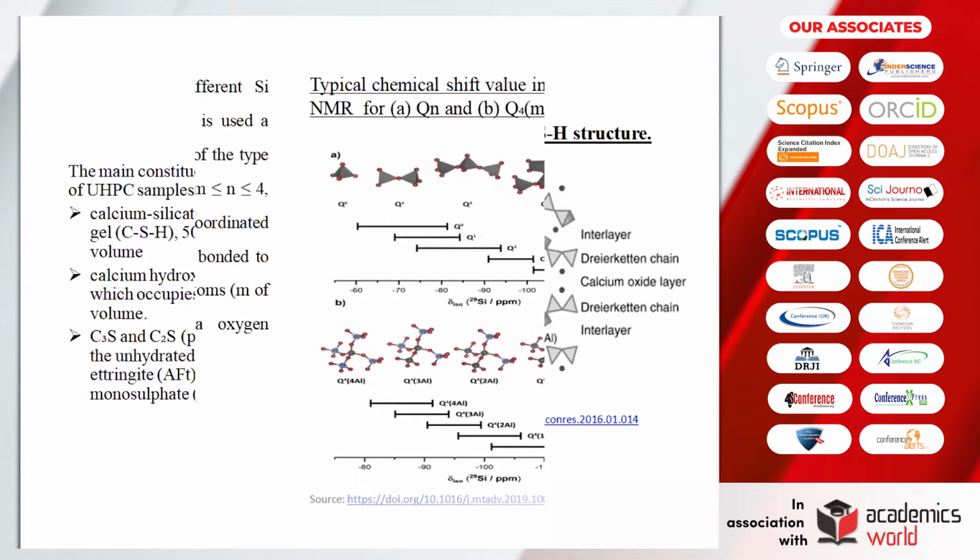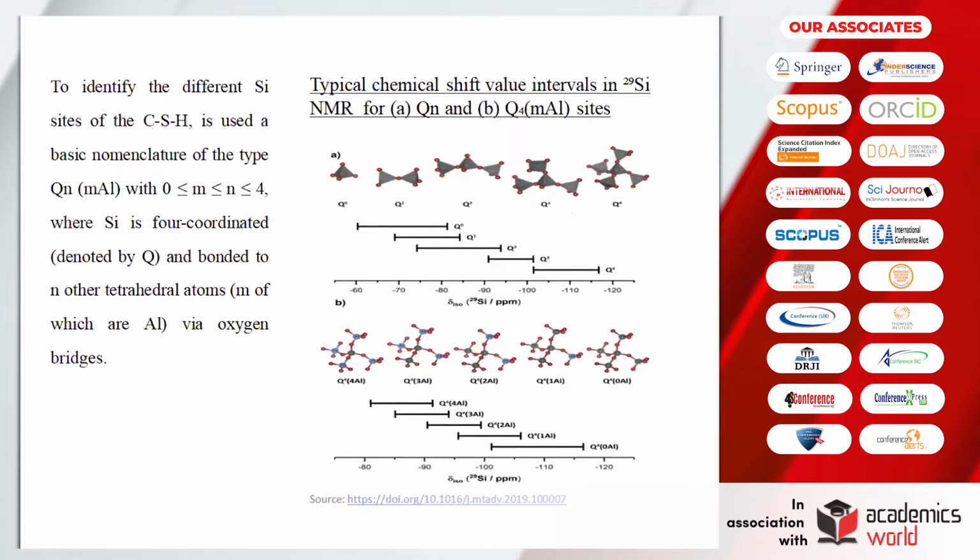So, how can we identify these species? There is a basic nomenclature to read this, like Q and M elements, where Q is silicium, a 4-coordinated silicium, bonded together with n other silicium atoms by oxygen atoms.